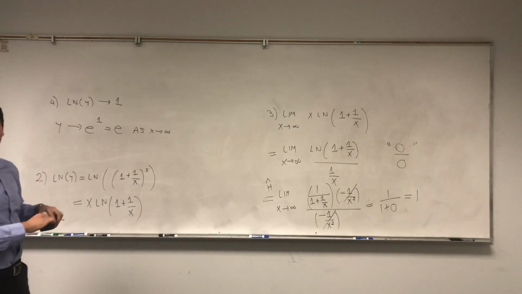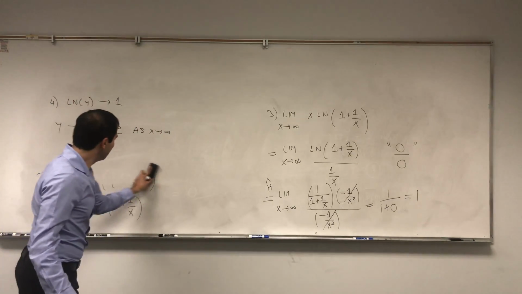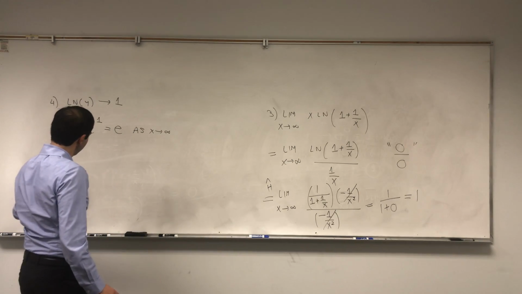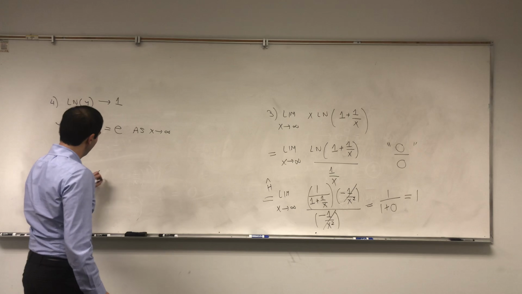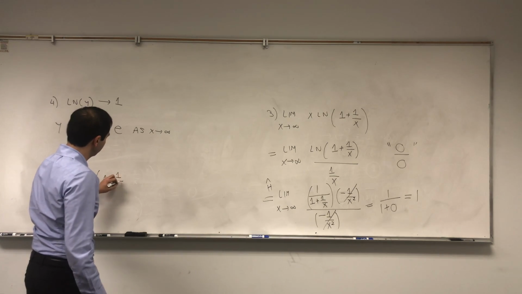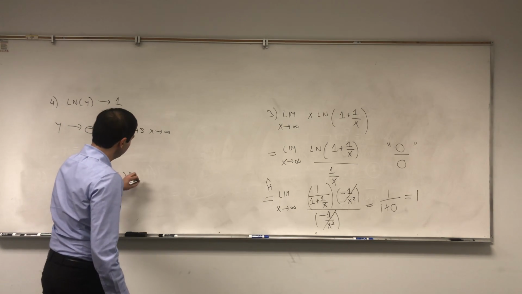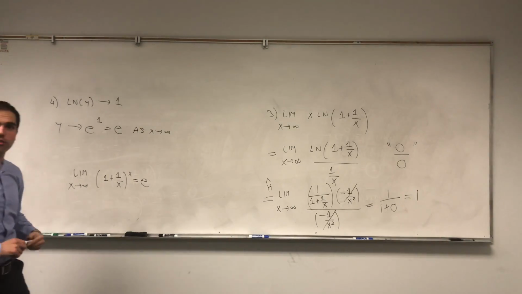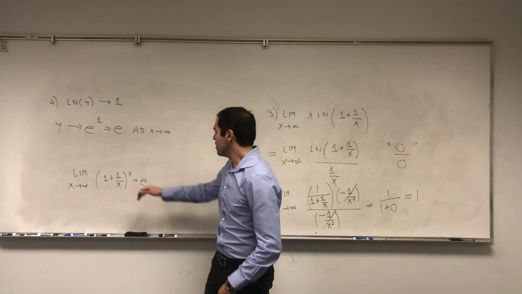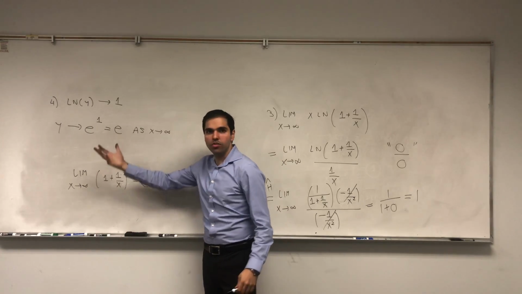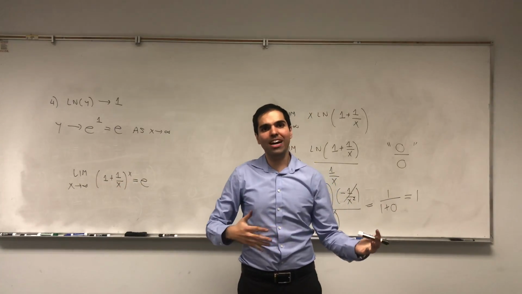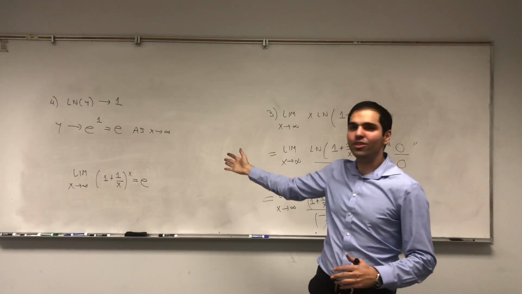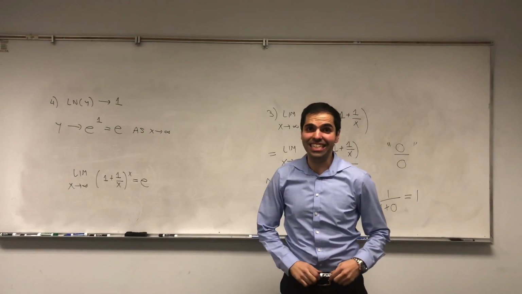Which hopefully makes you go e, because this means that the final limit of 1 plus 1 over x to the x is actually just e. Which is pretty interesting because, again, with this 1 to the infinity, you think it might be 1, it might be 0, might be infinity. Well, it turns out in this case it's just e.